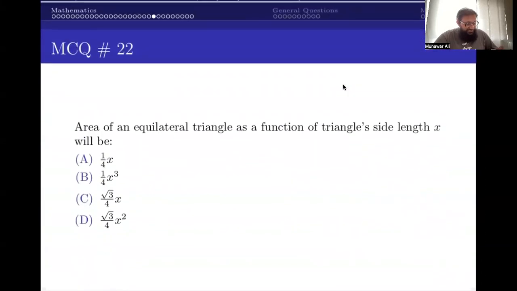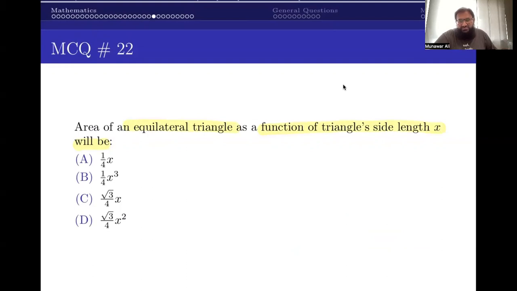Okay, so the next MCQ is MCQ number 22, which says that the area of an equilateral triangle as a function of side length x will be one of the following. The first thing is that area is always some sort of square of the length of the side.